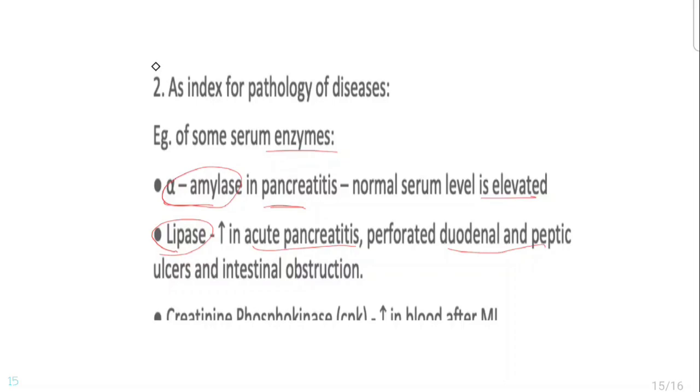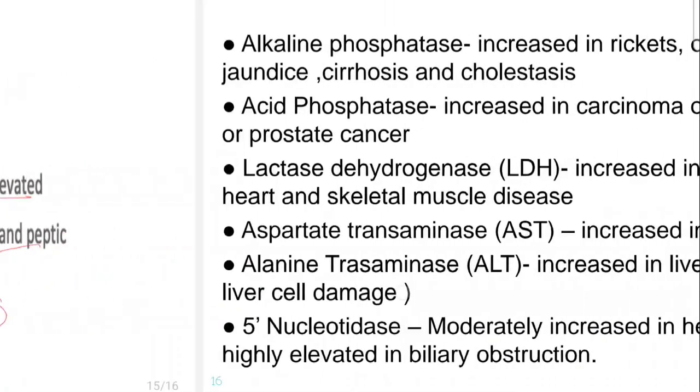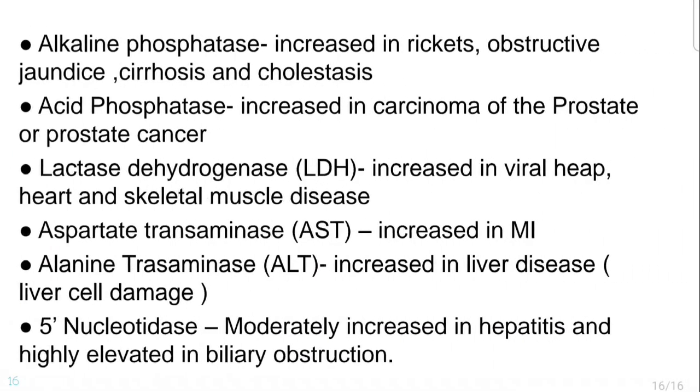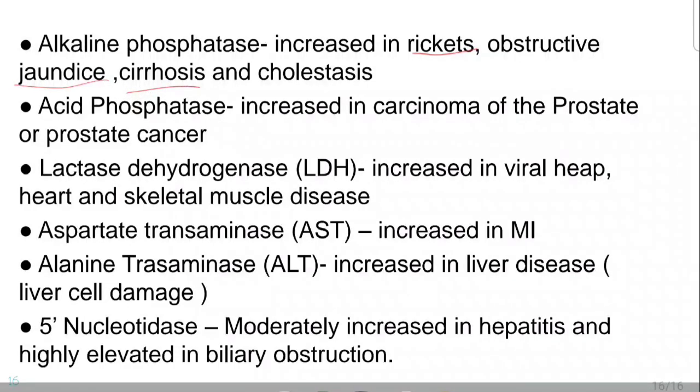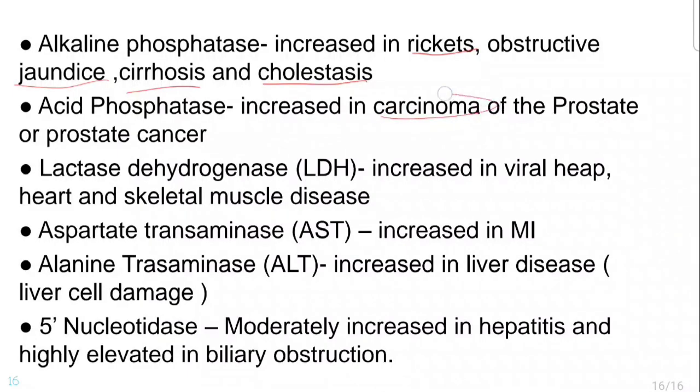Creatine phosphokinase or CPK usually increases in the blood after a myocardial infarction. Other enzymes: alkaline phosphatase increases in rickets, obstructive jaundice, and even in cirrhosis and cholecystitis. Acid phosphatase increases in carcinoma or cancer, such as prostate cancer.